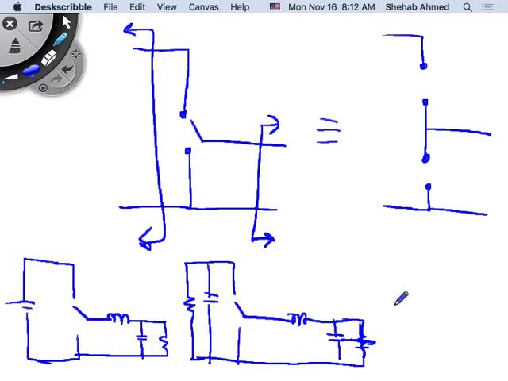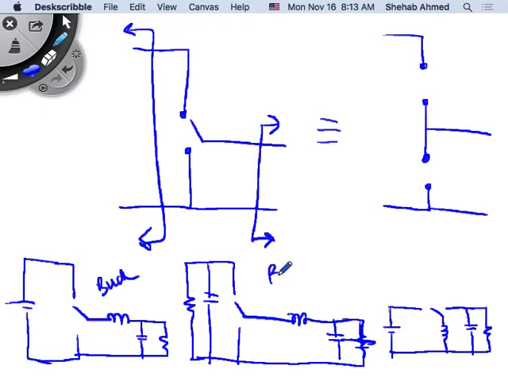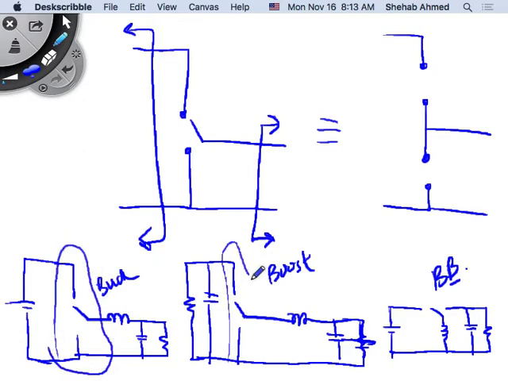And for the buck boost converter, the way it's drawn in the text, I can draw it like this. All the same.